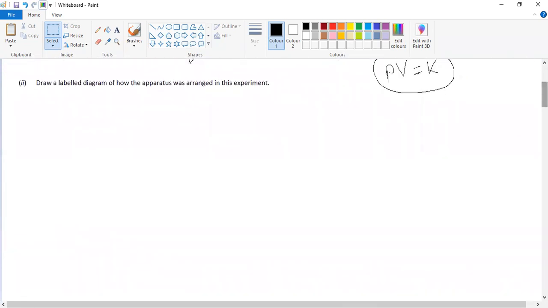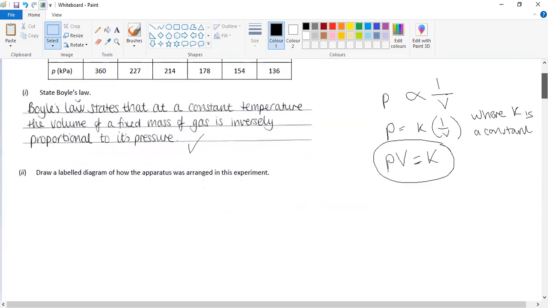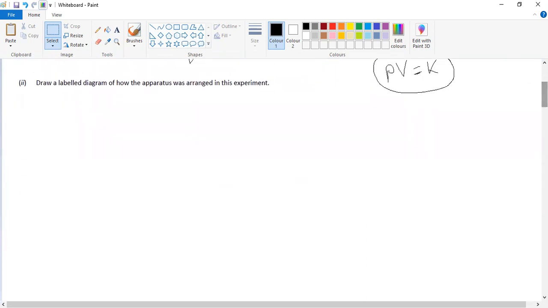So this is one where there's usually a column, we say, of oil. They have air in this one, but we can just use the same diagram and use air. And the column is up along, I'll draw it for you. Along the edge of the column, you have markings, centimeter markings, hopefully just to make it easier for you.